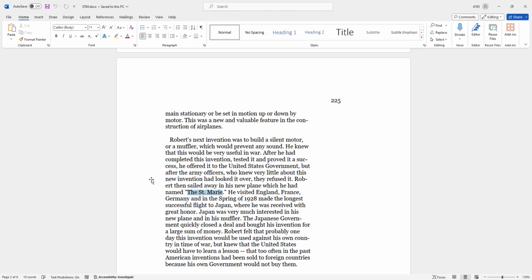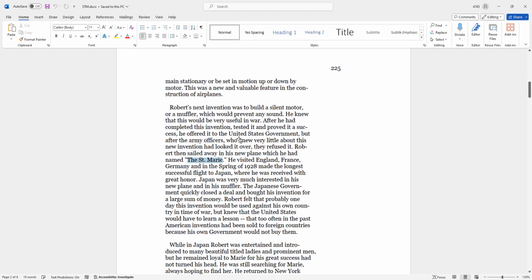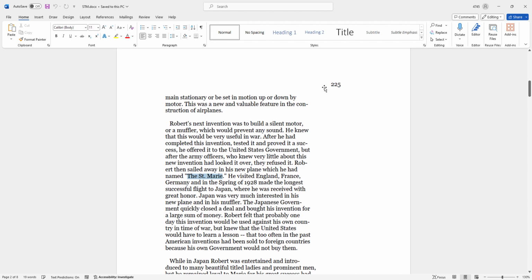Are you sure about it? You have to go through the book to understand what really happened. The important fact of page 224 is that he first used the word and also named it here. Okay, so page number 225 is of great importance.